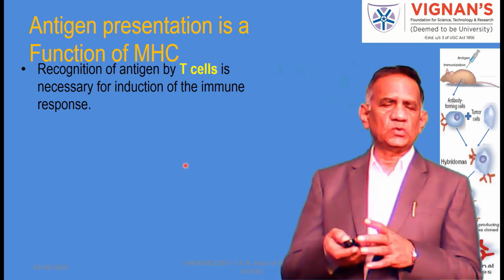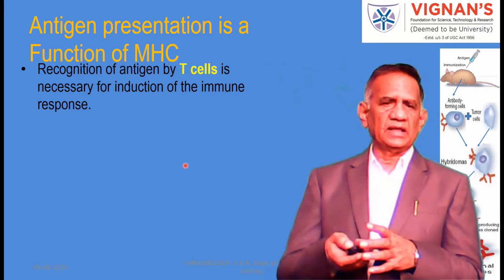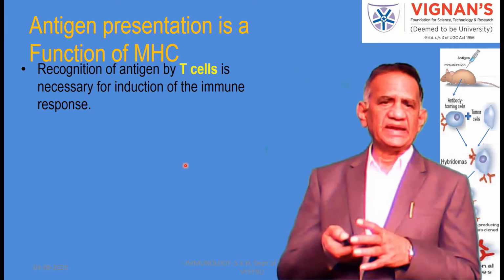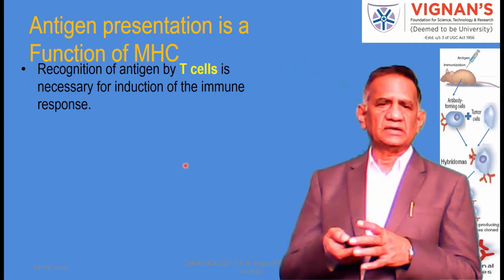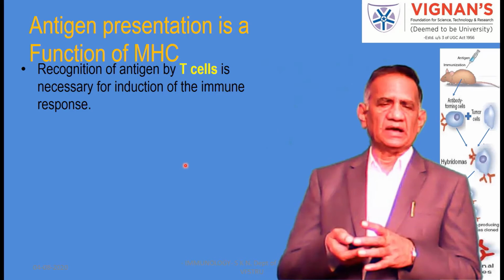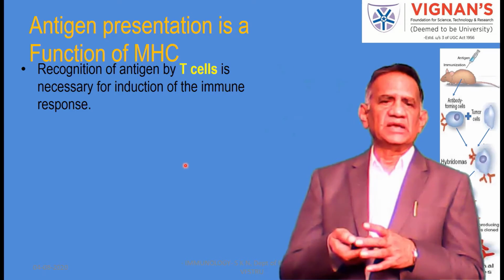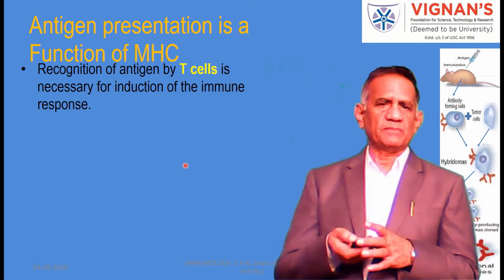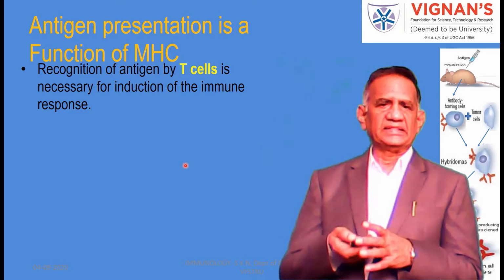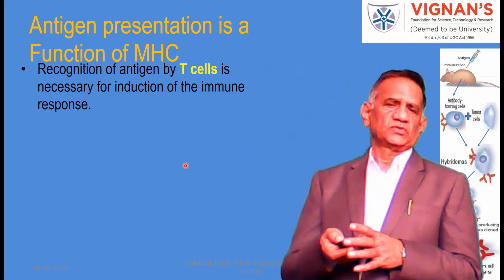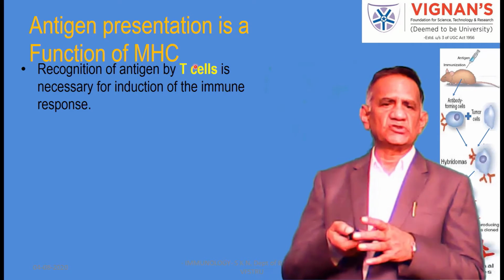MHC molecule 2 are made in endoplasmic reticulum, protected with invariant chain, and later the peptides of bacteria are anchored, a 15 amino acid peptide is anchored to this MHC molecule 2, and then that is being presented to the T helper cell. So that's what the presentation process is shown.